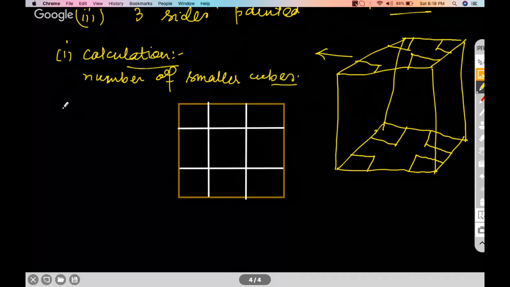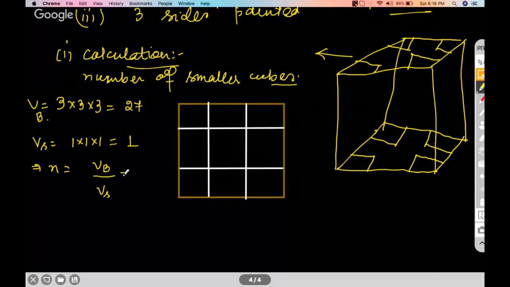If a 3 into 3 into 3 cube is there, the total volume would be 27. Now this is the volume of the bigger cube; the volume of a smaller cube would be 1 into 1 into 1, which is 1. So the number of cubes would be equal to the volume of the bigger cube divided by the volume of a smaller cube, which is 27 divided by 1, that is equal to 27. So there would be a total of 27 smaller cubes.